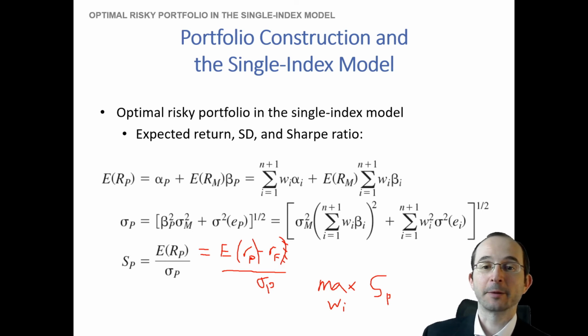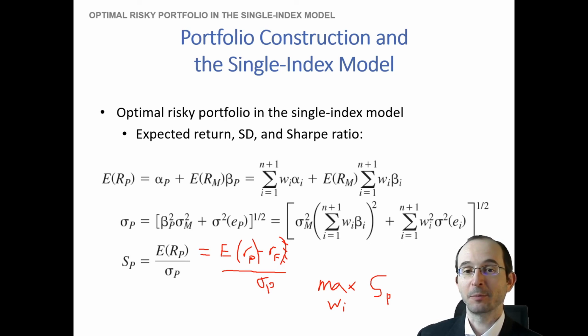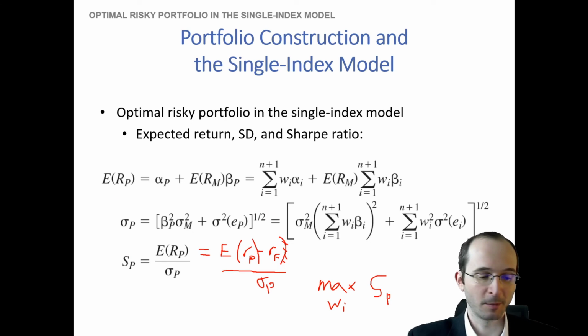So we can still carry out that same optimization. It's just much simpler for us to actually compute and more accurate, potentially, because we don't run into this problem of estimating multiple variables with error. It's potentially more accurate for us to estimate the Sharpe ratio this way, as opposed to the portfolio theory.